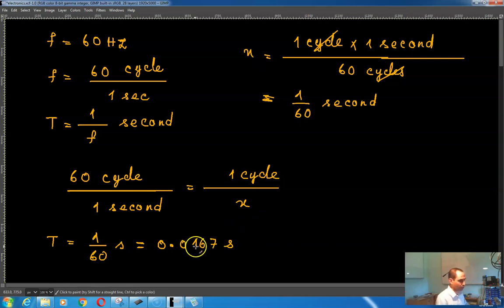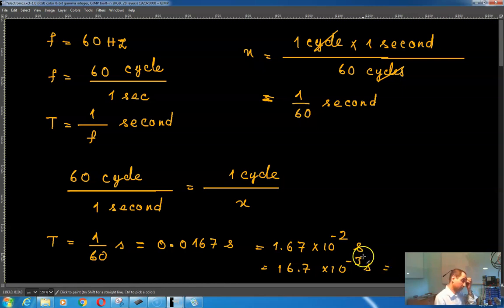Or which you can call 1.67 times 10 raised to the power, for example, -2 seconds. Or you can call it 16.7 times 10 raised to the power -3 seconds, which is the same thing as 16.7 milliseconds.